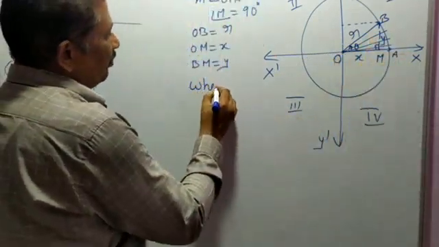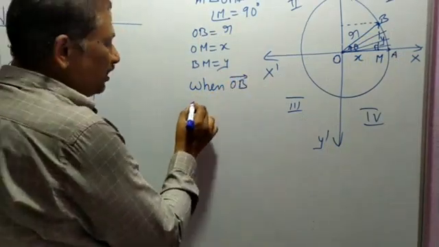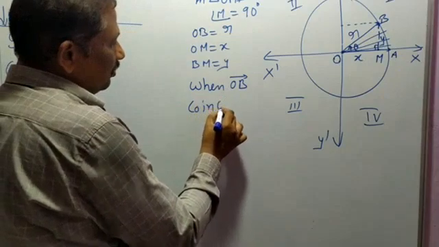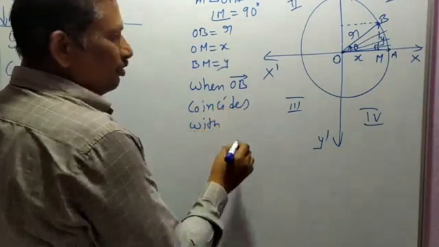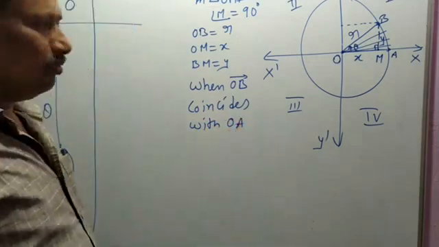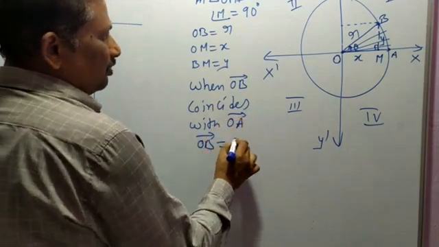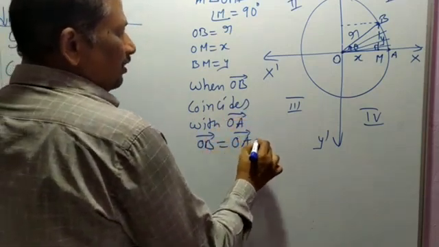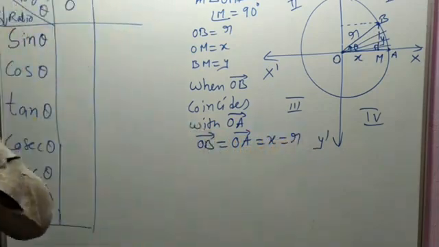When the OB ray coincides with OA, then OB is equal to OA, that is, x is equal to r.